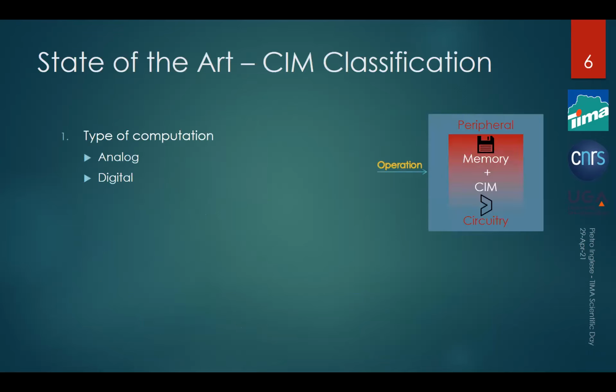Regarding the state of the art, in order to classify the computation in memory, we can say that there are, first of all, two types of computation that can be performed, both of them exploiting the physical memory device characteristics: the analog and the digital. The analog computations are used to perform additions and matrix multiplications.